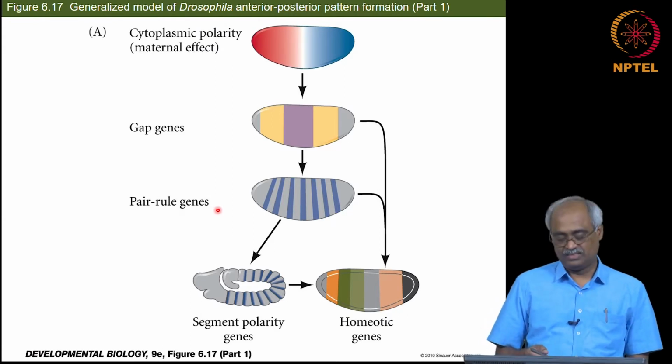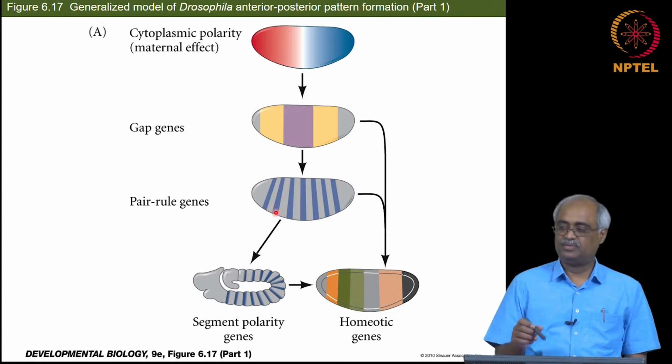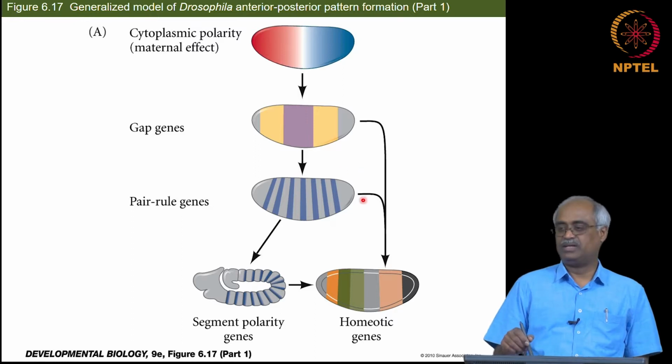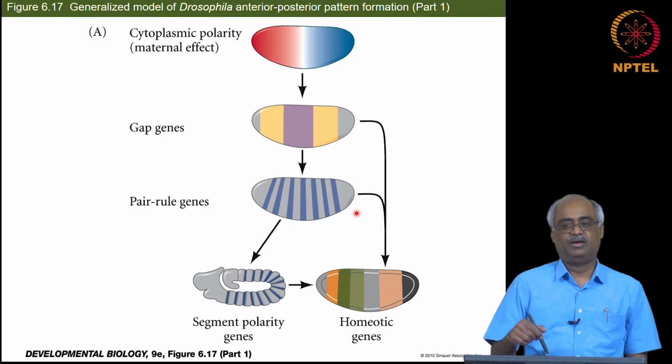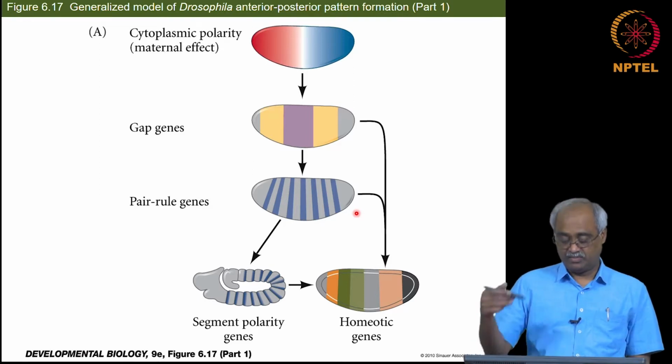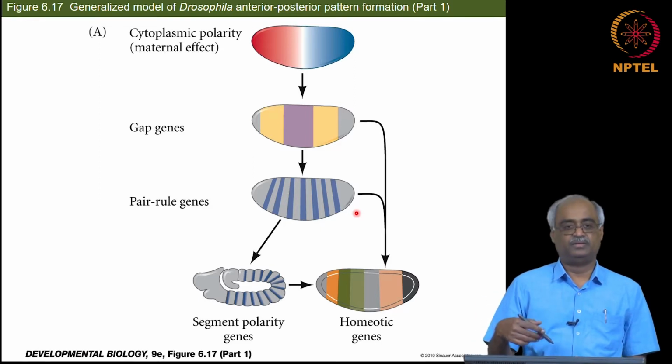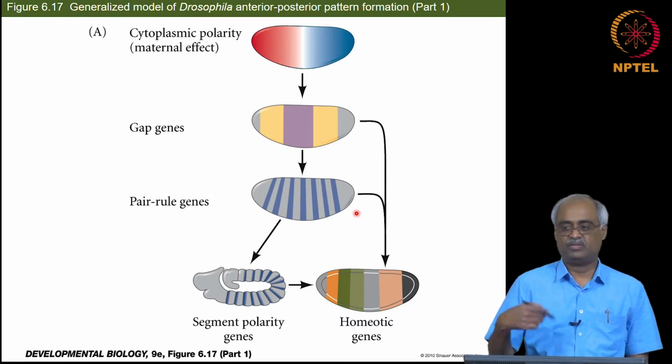They are called so because of these stripe-like expression patterns they form, and they usually affect every other segment finally in the larva that forms.